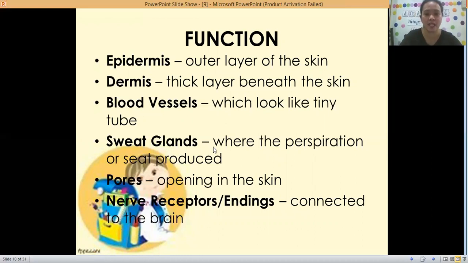And then the sweat glands, where the perspiration or sweat is produced. Our pores, remember the pores? Openings in the skin where the perspiration comes out. And the nerve receptors or nerve endings. It is connected to the brain.